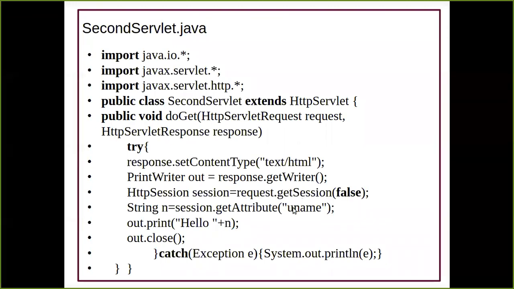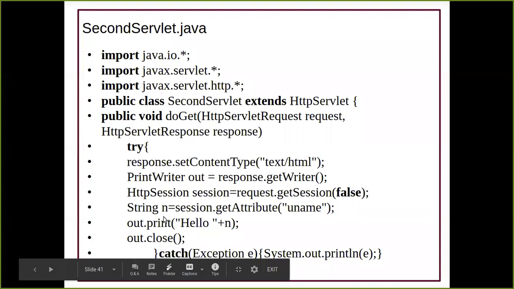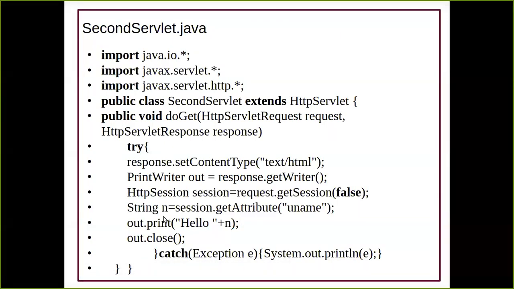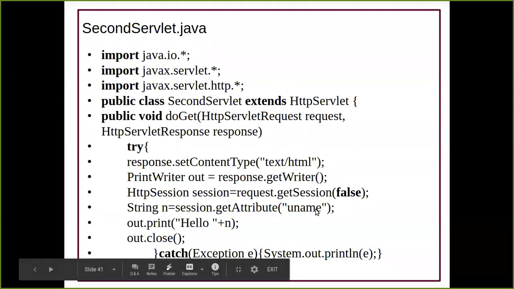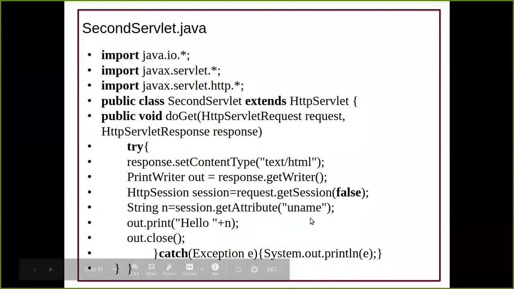Now the value which I have set over there using the set attribute into the variable called uname inside the set attribute method, that variable was holding one value, say for example abc. And that abc I am now going to call, because the variable name which I have given into the set attribute method was uname.